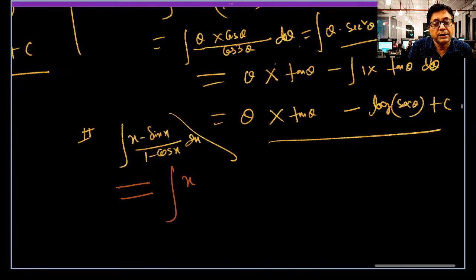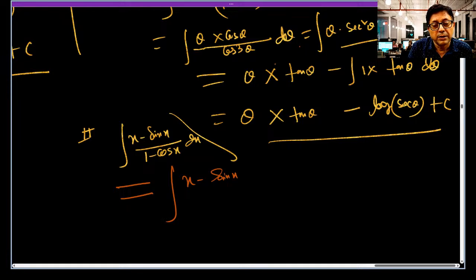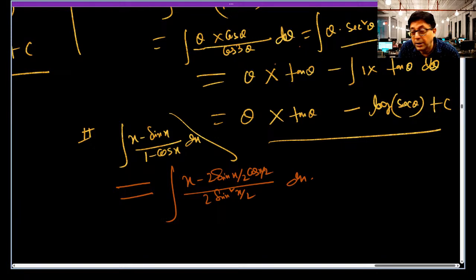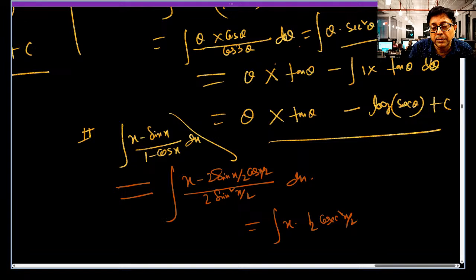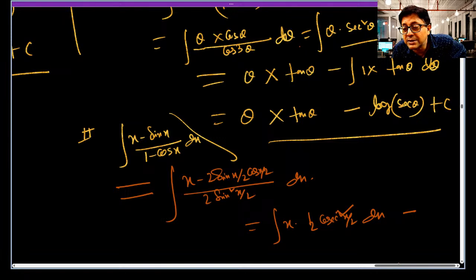Just write, okay, done. Now what? Separate and integrate. Separate and enjoy integration. X into half this minus cot x by 2 dx.